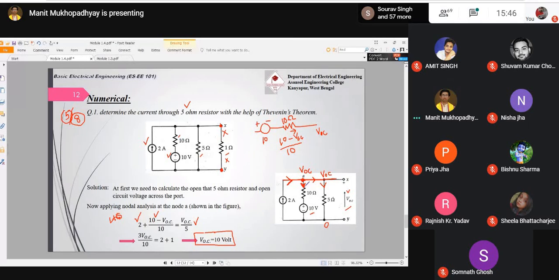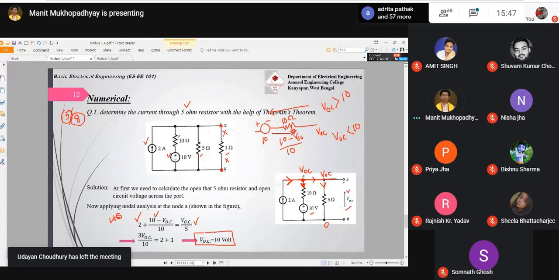So the main logic is, if you assume that VOC is greater than 10, then your current flow will be from VOC to 10, right? If you consider VOC is less than 10, then your current flow will be from 10 to VOC, as we did.